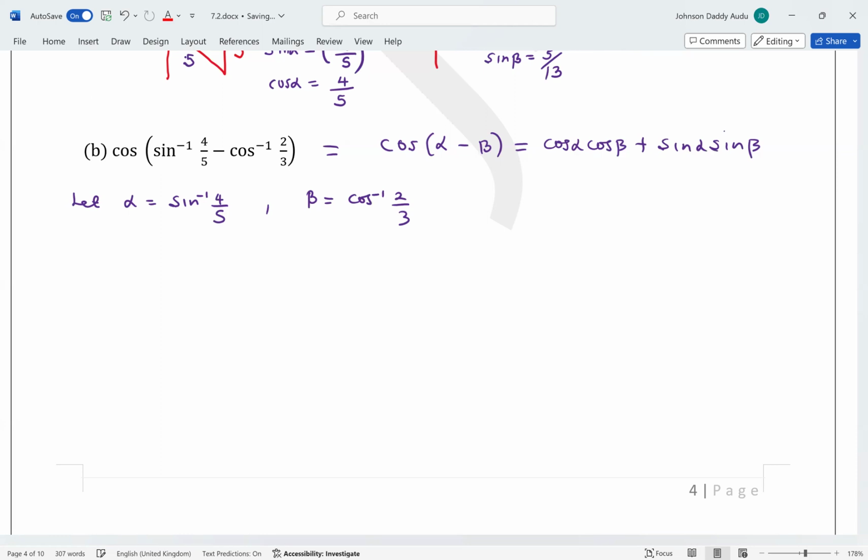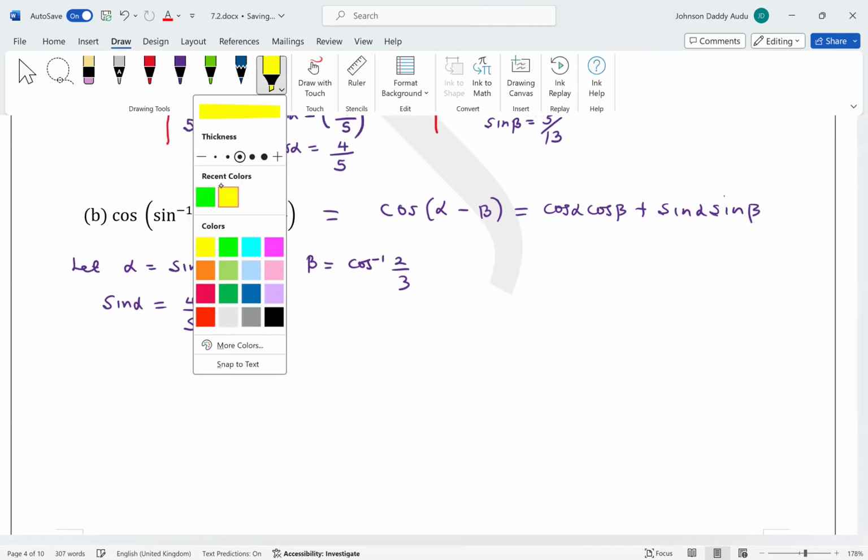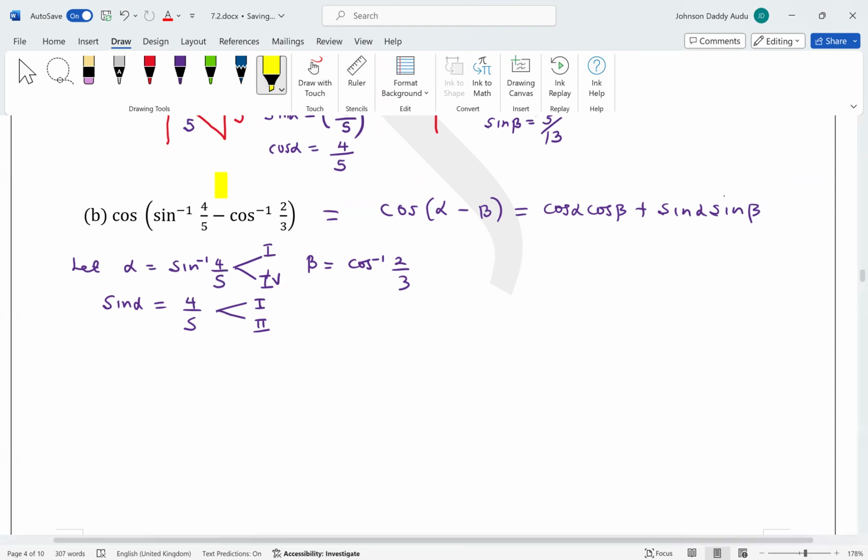What is alpha? This means that sine alpha is equal to 4 over 5. But we know that sine inverse is either in the first or in the fourth quadrant, and sine is positive either in the first or in the second quadrant. So we take the quadrant that is common, which turns out to be quadrant number 1.